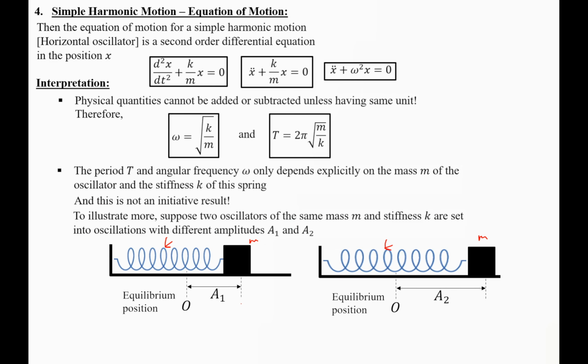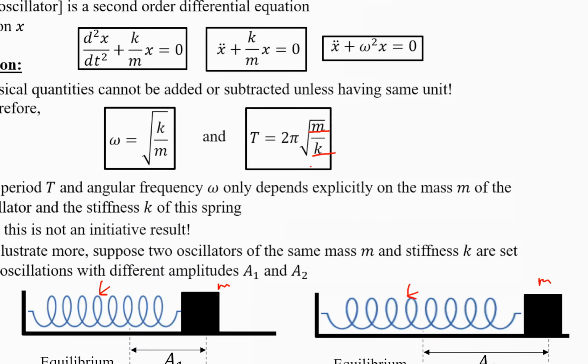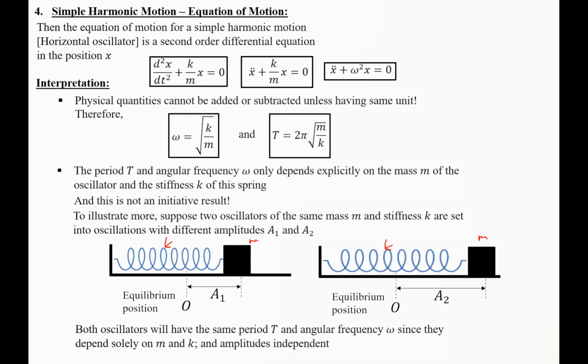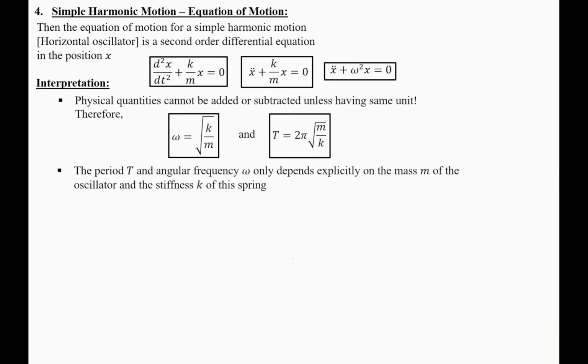One can ask which one has the greater or the smaller period. The thing is that the period only depends on m and k. So as long as you don't break the Hookean limit and the amplitudes are different, both oscillators will have the same period, because the period and omega only depend on m and k. Since m and k are the same, they have the same period.